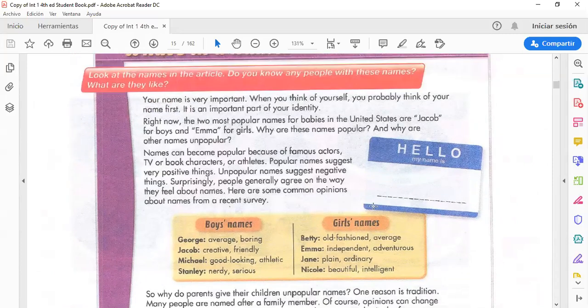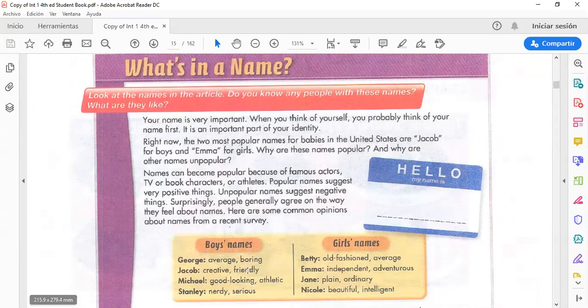So guys, you need to read this article and discuss the vocabulary in this article. Well, not discuss, like you need to make a list.